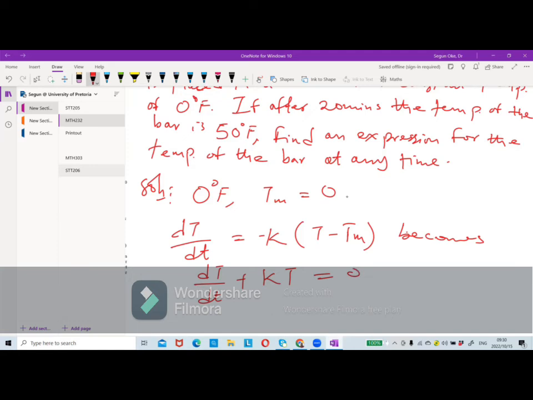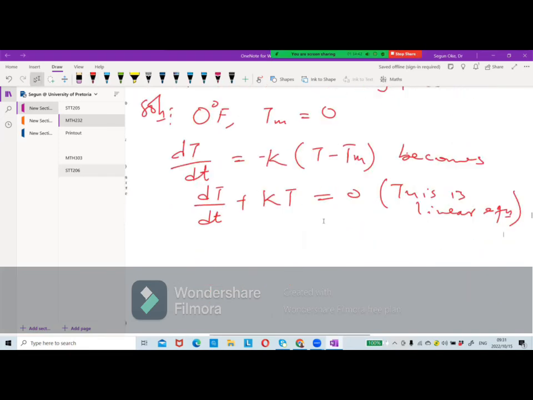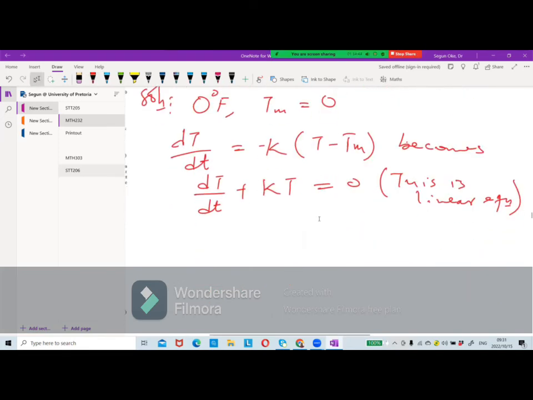Do you agree with me? Yes, sir. Okay, good. This is a linear equation. So now, since we have a linear equation with a differential form, how do you solve it?